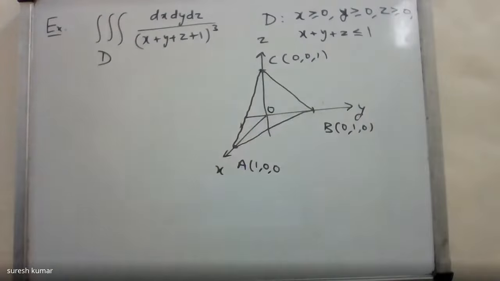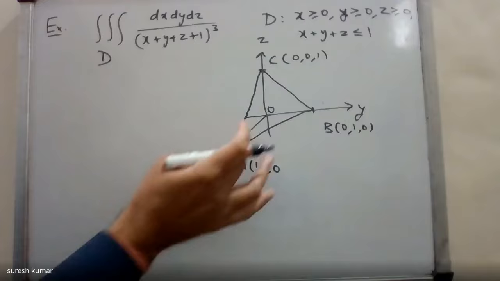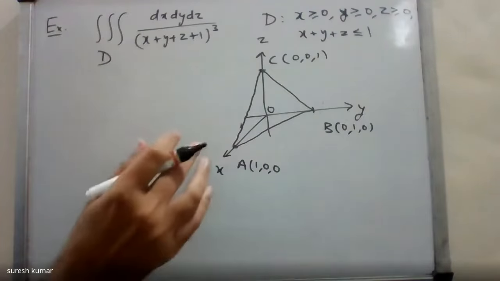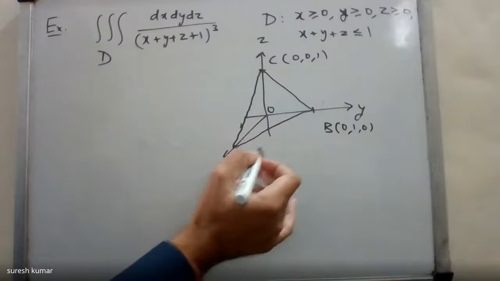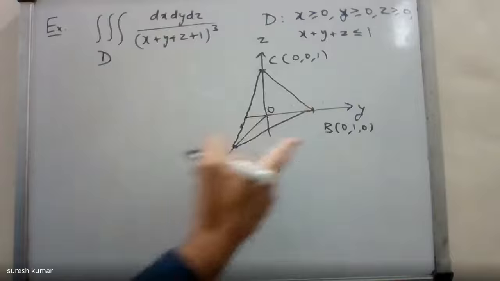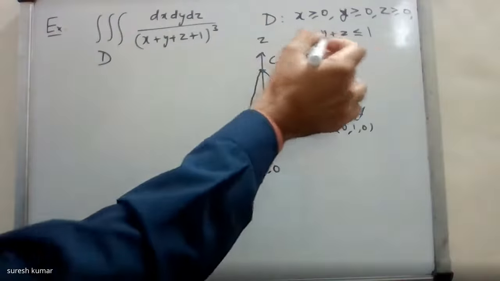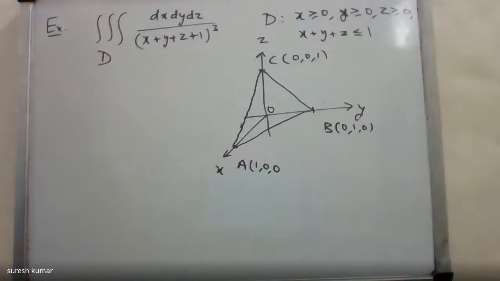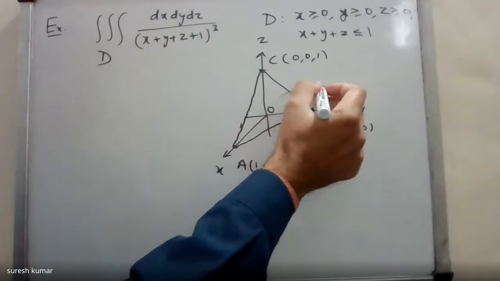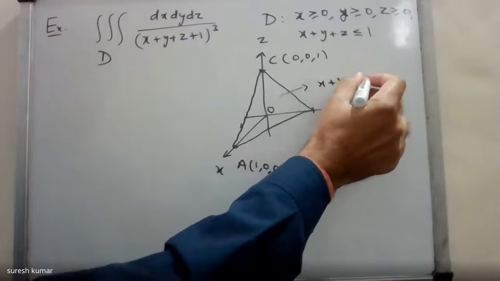then you get a 3D region having four faces, four triangles in fact. Which triangles? OAB, OBC, OCA, and the triangle ABC which lies in this plane x plus y plus z equal to 1. This oblique plane is x plus y plus z equal to 1.